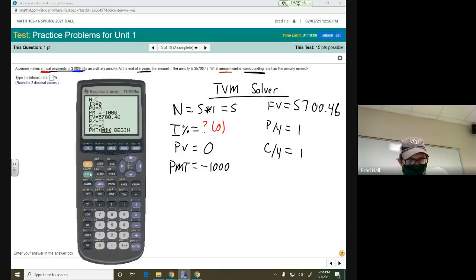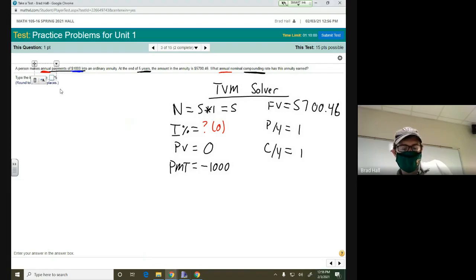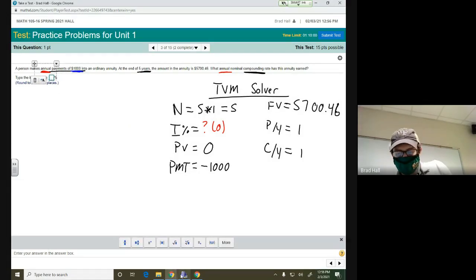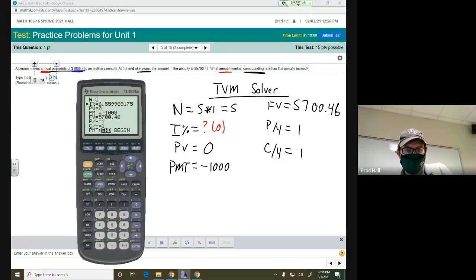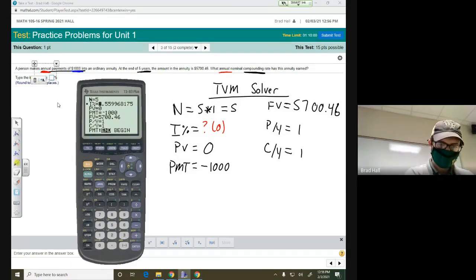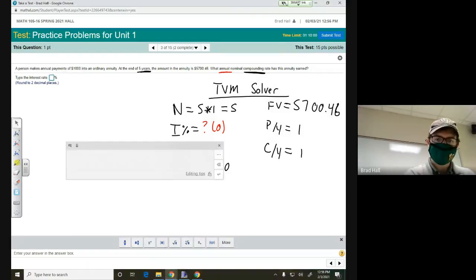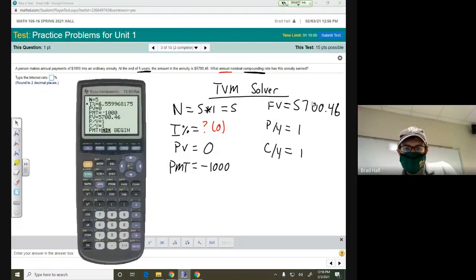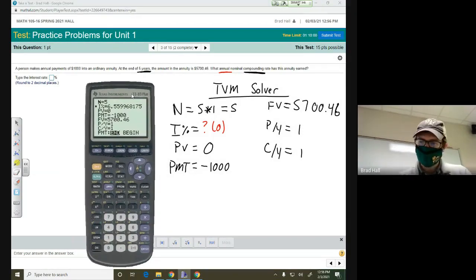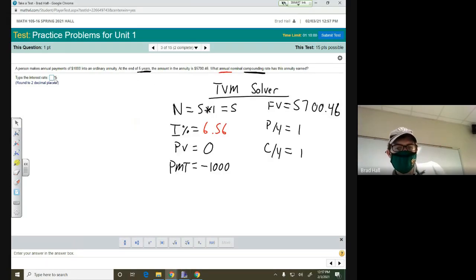The interest rate comes out to be, and we want to round to 2 decimal places, 6.56, which is exactly what we can type here. 6.56.